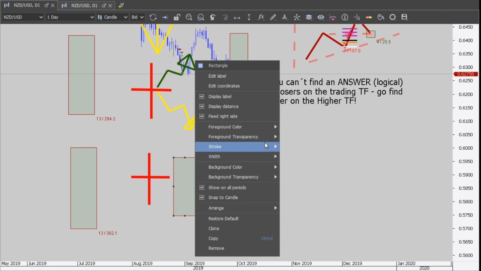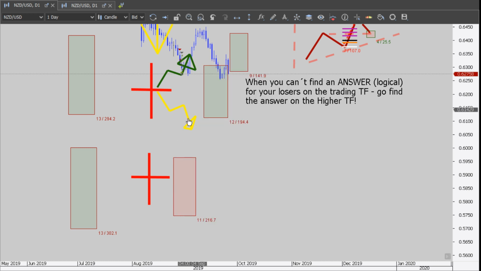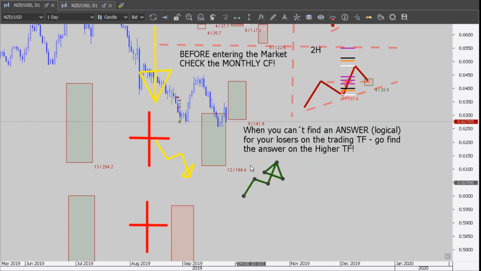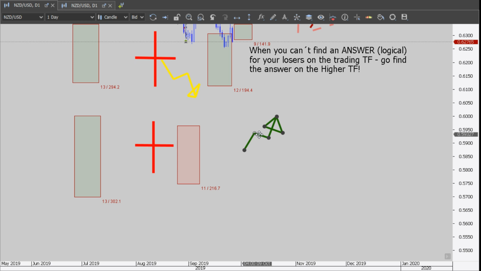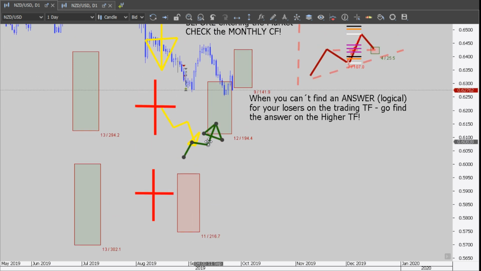We don't have the crystal ball, everybody. So wait for the daily to show you bull or bear, together with all the other concepts. Okay? Don't enter just on the 1 hour chart, 2 hour chart, because the monthly is up, you know.